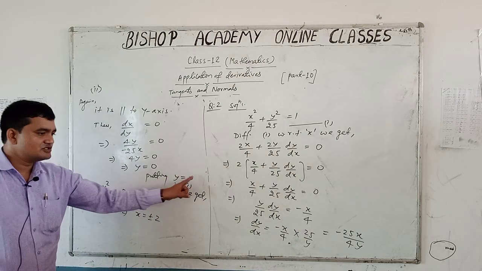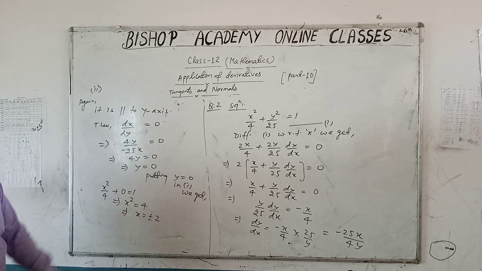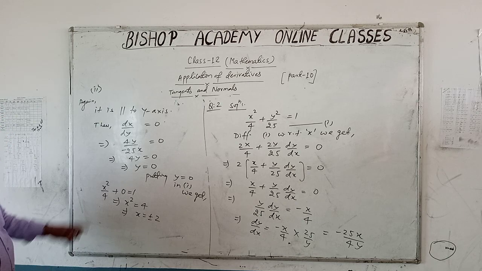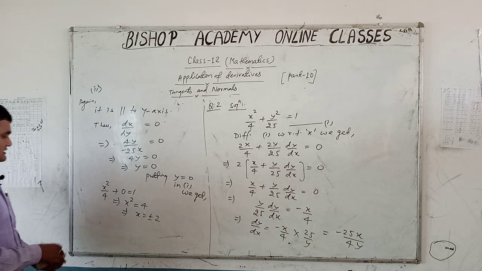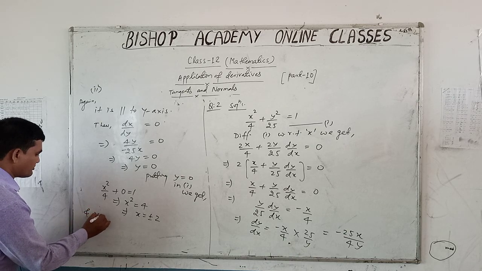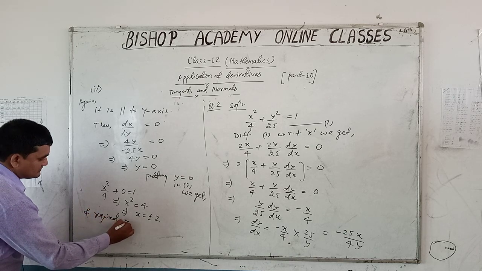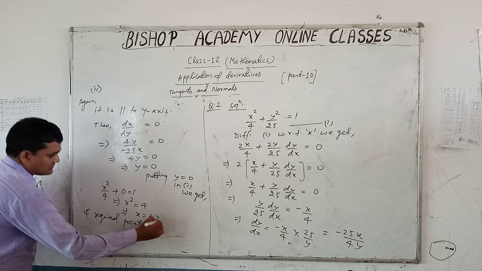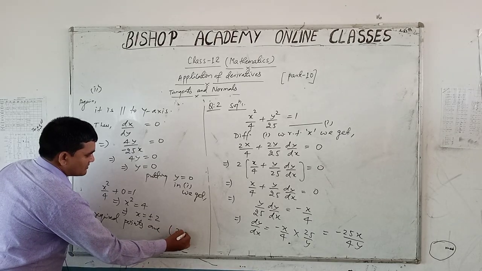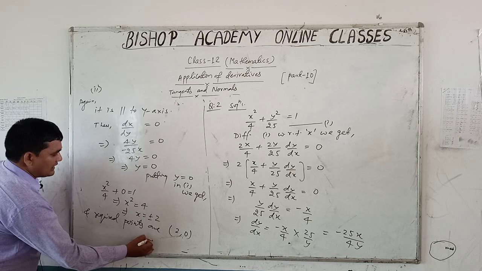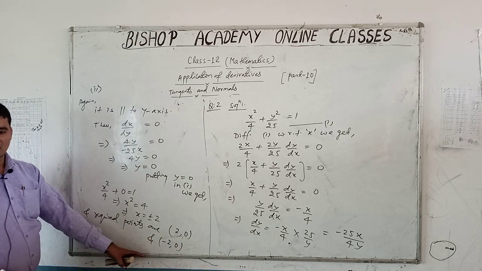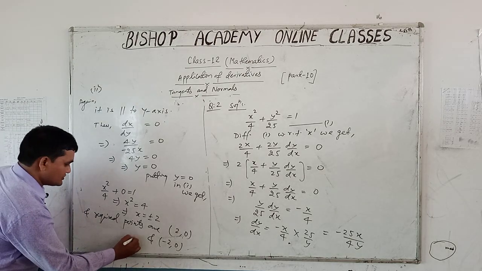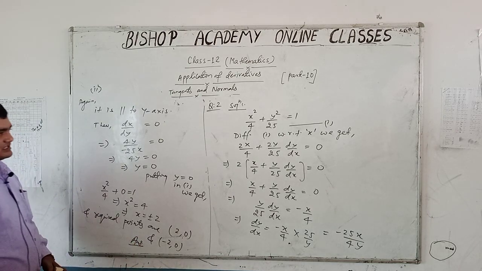When we put the value of y as 0, we get two values of x, one plus 2 and one minus 2. So when it is parallel to the y-axis, we get 2 points, and the required points are (2, 0) and (-2, 0). This is the final answer.